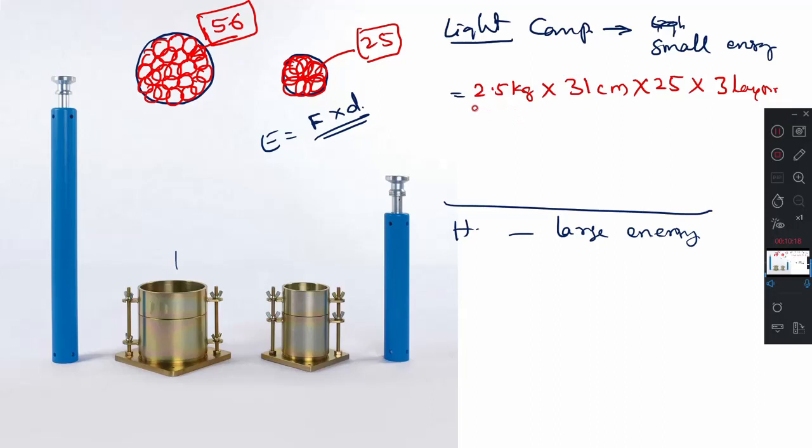This is your energy, and the denominator will be the capacity, that is your 1000 cc, 1000 centimeter cube. Now can you tell me the answer? How much is it?